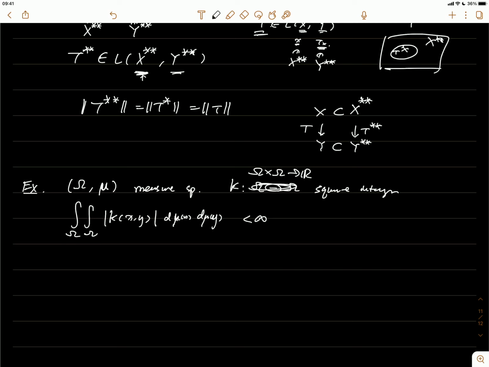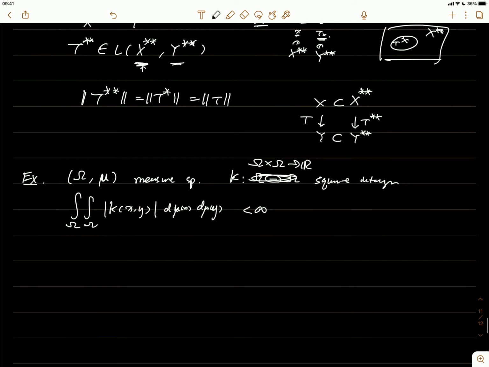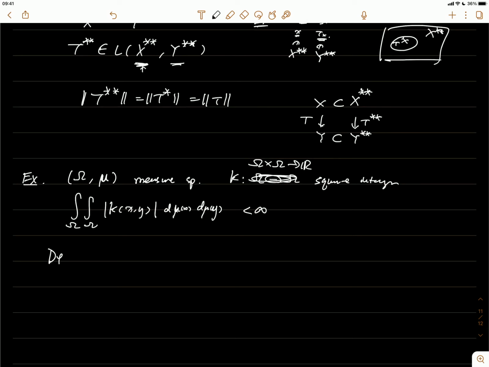That's square integrable. And now from here we can define this linear operator. I'm going to show that this is actually linear, and that it is a mapping from the L2 space to the L2 space.